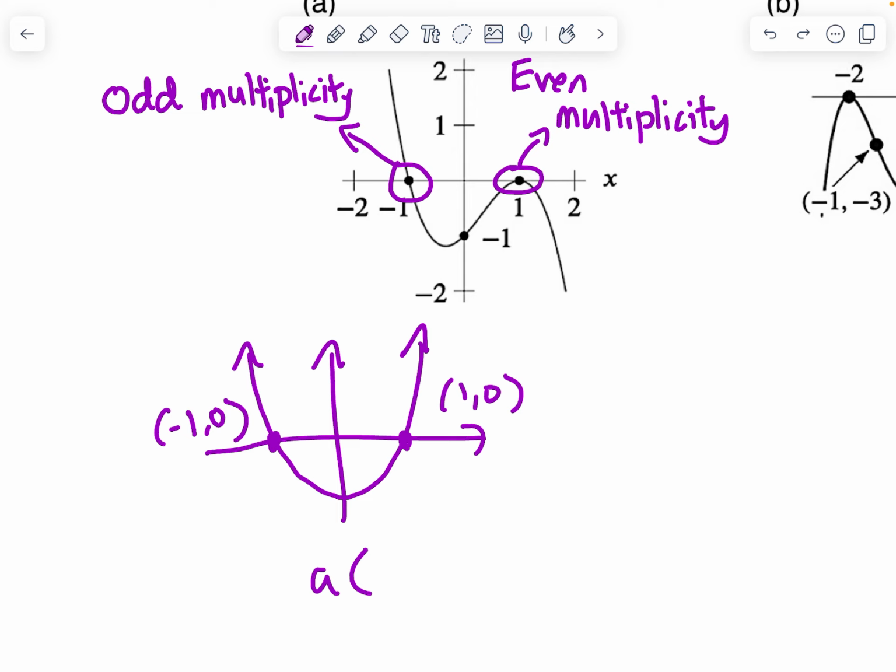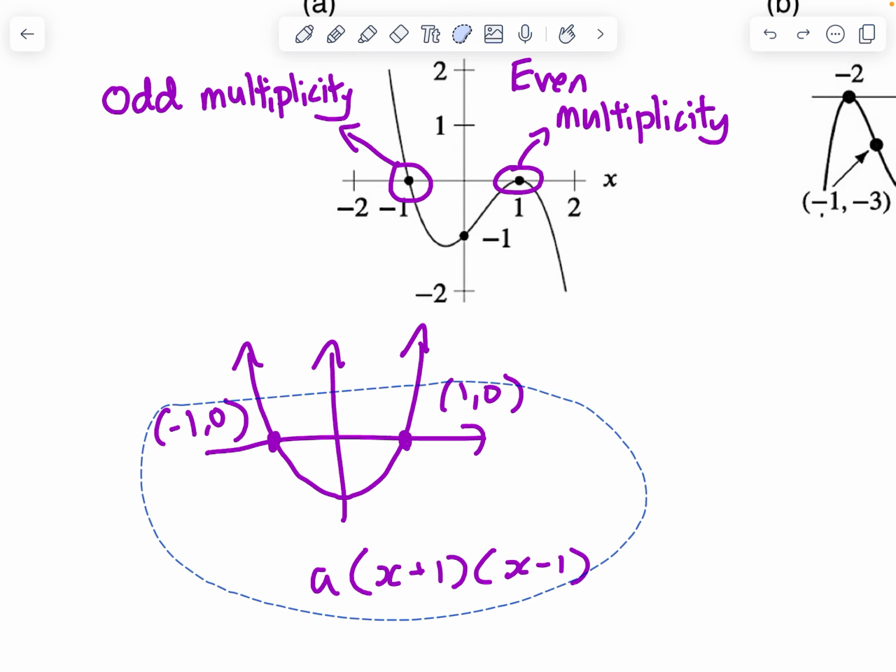But we know for sure that we have the factors x plus 1 times x minus 1, because factored form shows the zeros. The same thing also applies to polynomials.